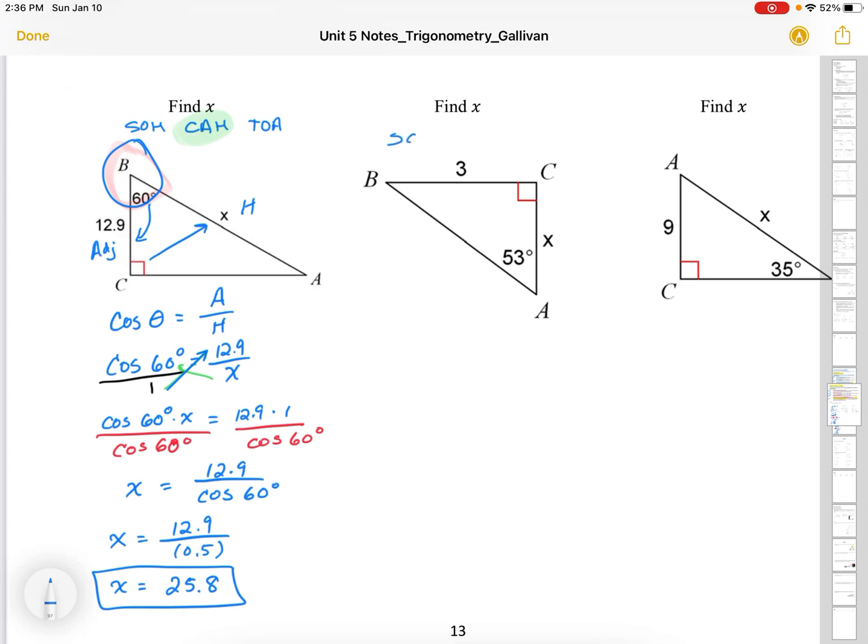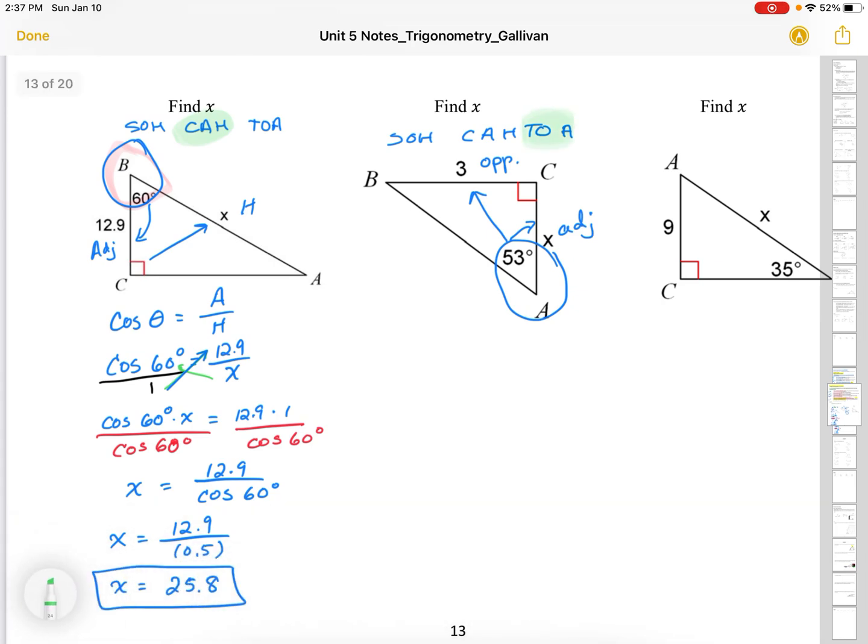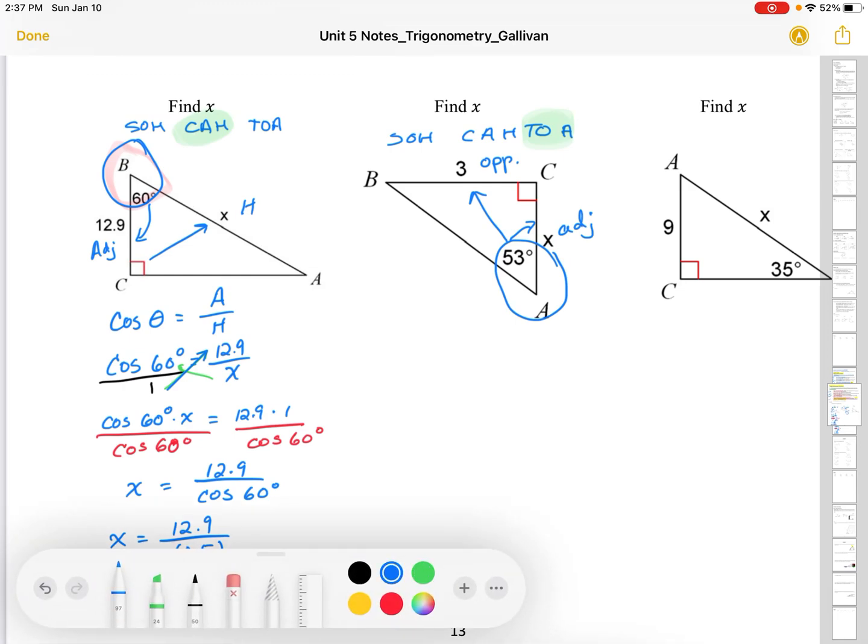Okay, so this next one I'll kind of do in a more shortcutty way. Again, I'm going to write out my SOHCAHTOA because I know I'm going to need it. All right, we're going to circle. We're going to label opposite and adjacent, right? I don't know my hypotenuse. Opposite and adjacent, so I'm using TOA. So let's see what happens.